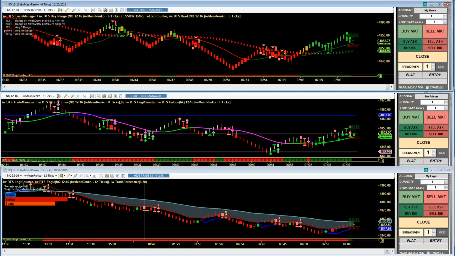Yeah. You know how you get a high win ratio is you have a tight profit target and a looser stop. That makes it easy for your market to find your profit objective before it hits your stop loss.